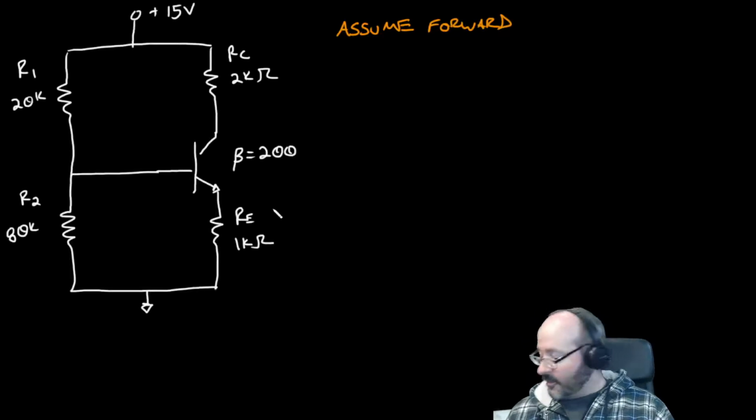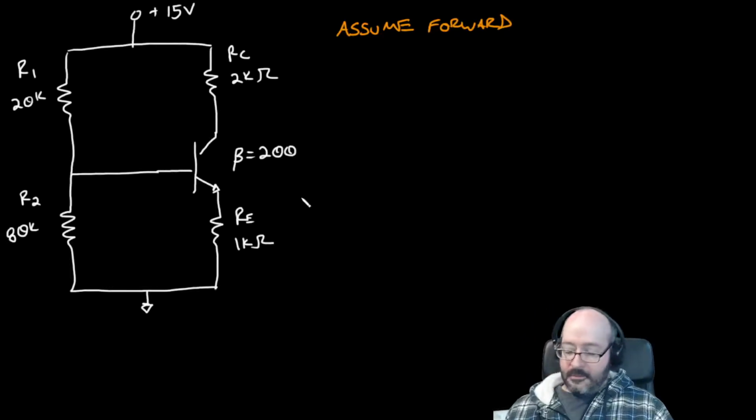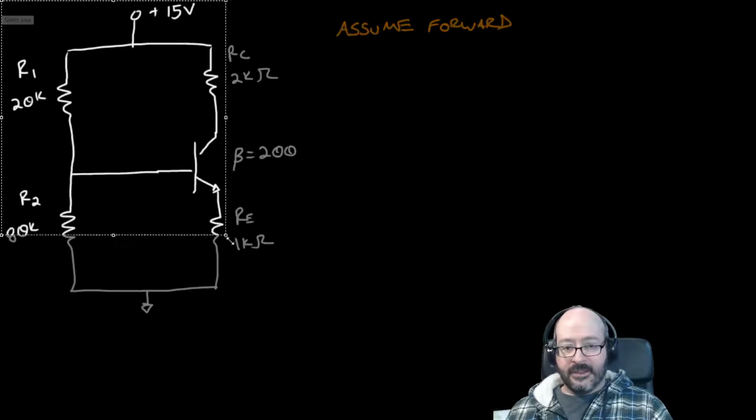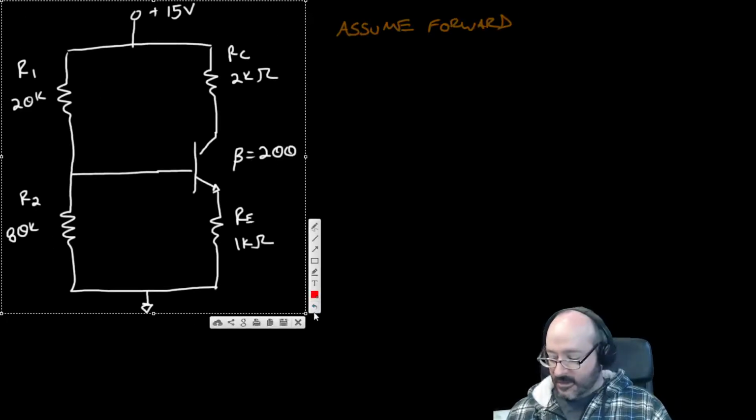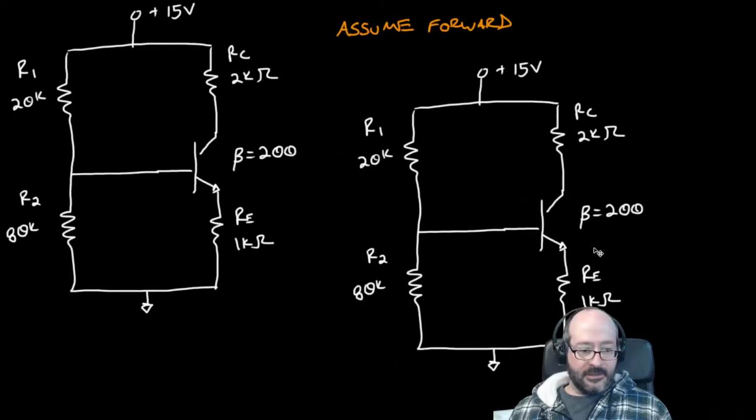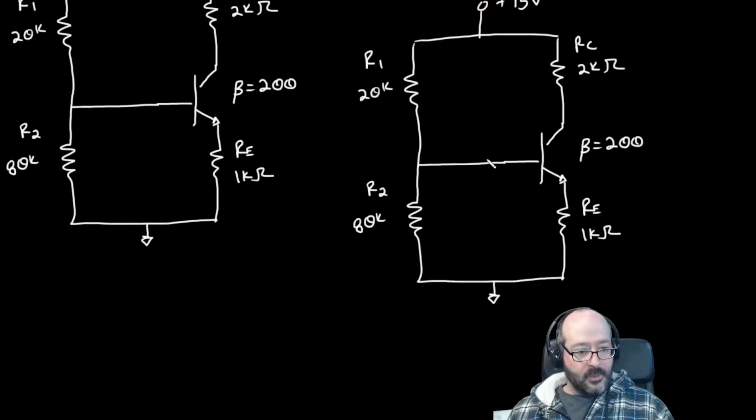And if we assume forward, we can make our assumptions by replacing the BJT with the DC equivalent circuit. So I'm gonna copy this over like this, and we're gonna replace this BJT. It's above my head.